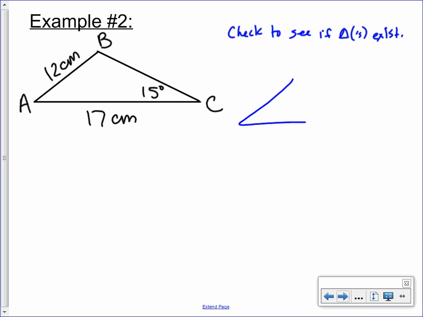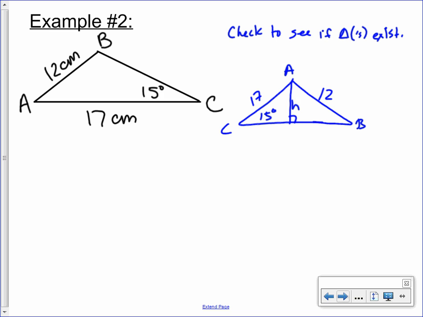Let's put the 15 down here. Okay, so that's C. And so let's put A and B, we're just switching it around. Let's see why for a second. I needed to drop the height from A, and it was kind of hard to do from that perspective, so I needed the height. AC is 17, and then AB is 12.